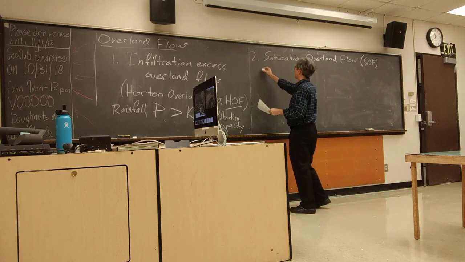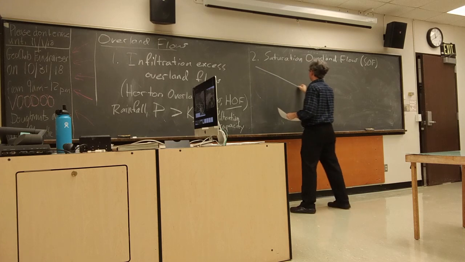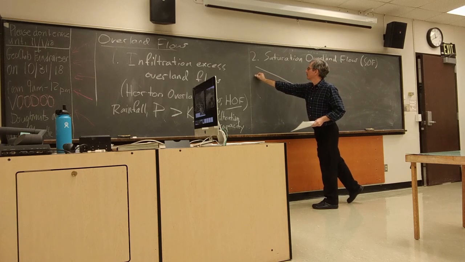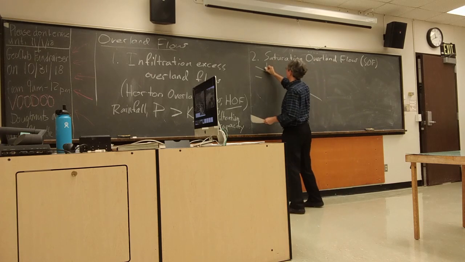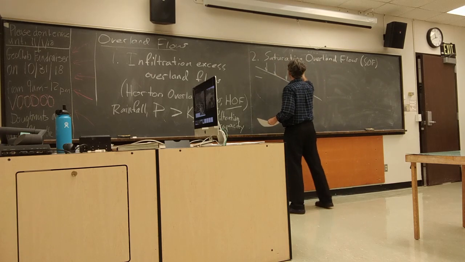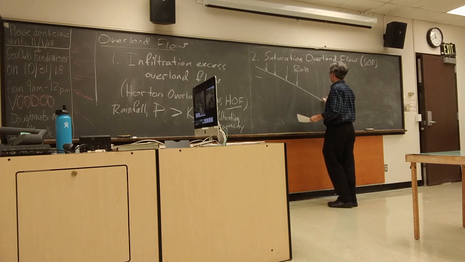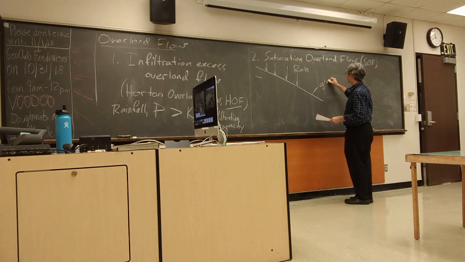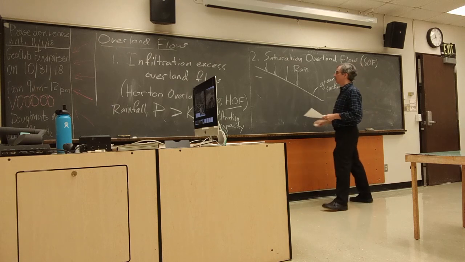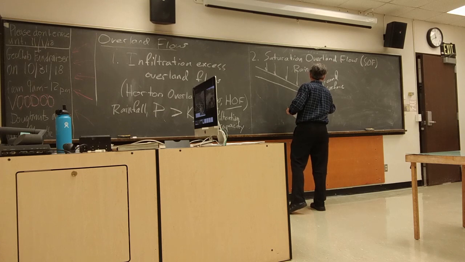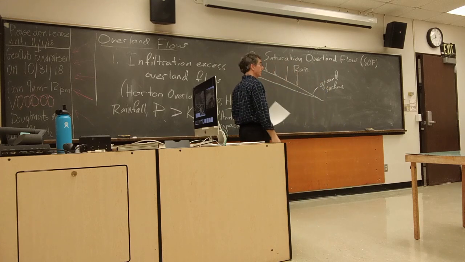So let's just draw ourselves a bit of a picture to start. I've got a slope and a water table. Well, I've got rainfall. Got my ground surface. And I've got a water table which might at some point actually intersect the surface.